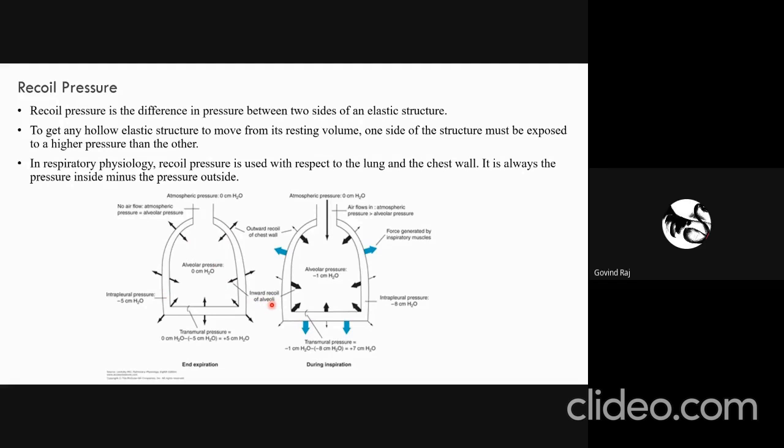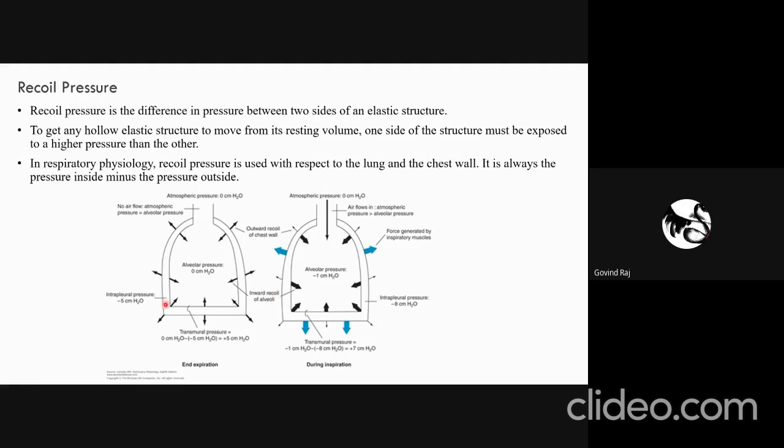The alveolar walls have a tendency to recoil and contract after being expanded. That is a passive process. This inward recoil is the pressure by which it retracts. Here the recoil is there, but we take the alveolar pressure as 0. These two are a bit confusing sometimes, which we'll see when we look at the other picture.